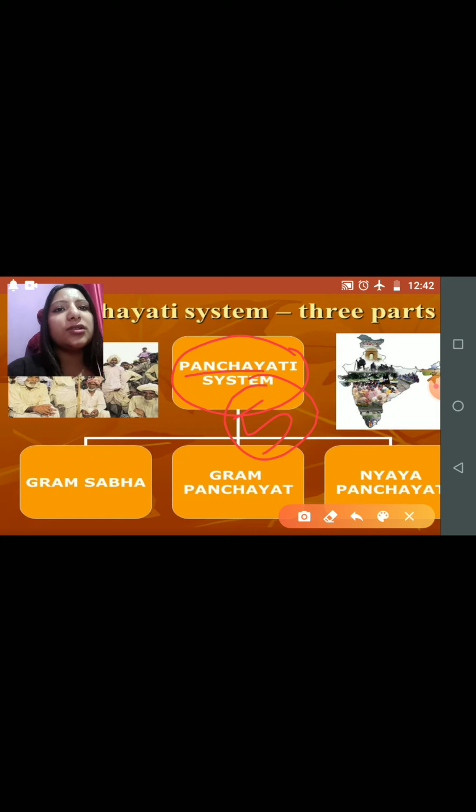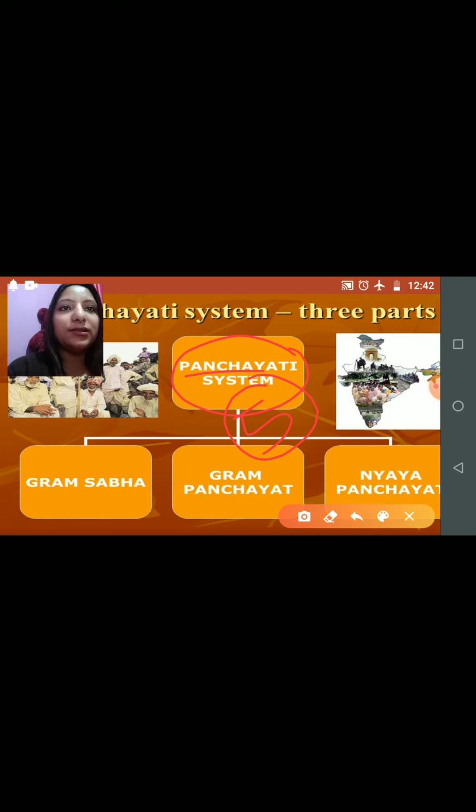This system was practiced during the time of the Mughals, even during the times of the Britishers. The Britishers also found it an effective way to look into rural problems through this system, but sometimes they were not able to relate to the local problems through it.